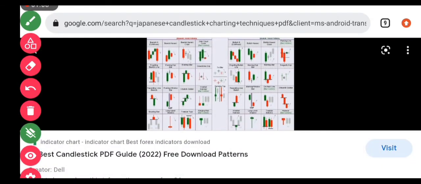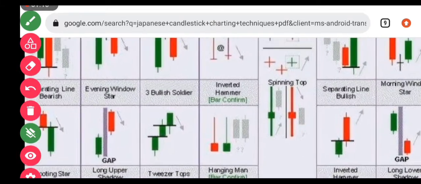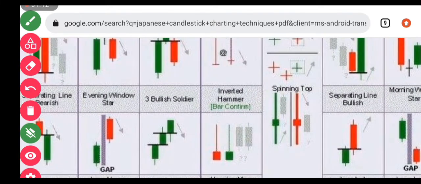But there's a fundamental problem with the candlestick, and here is the problem. The candlestick almost believes that two trading situations are the same.